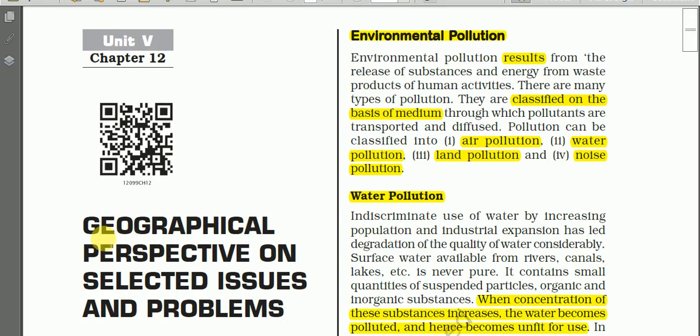So this is the new chapter, chapter 12, Geographical Perspective on Selected Issues and Problems.